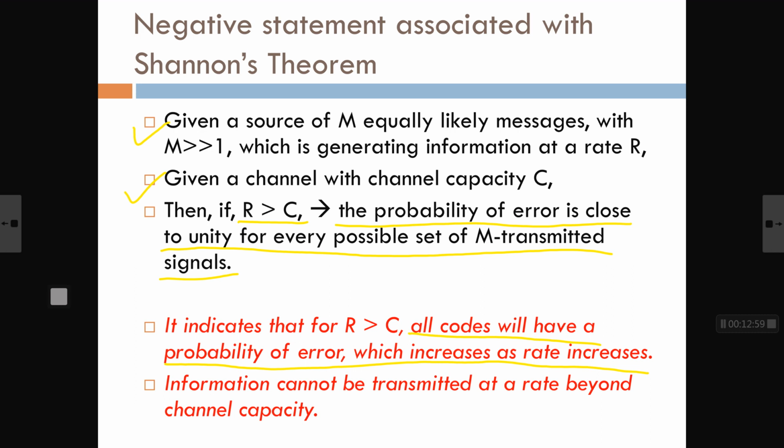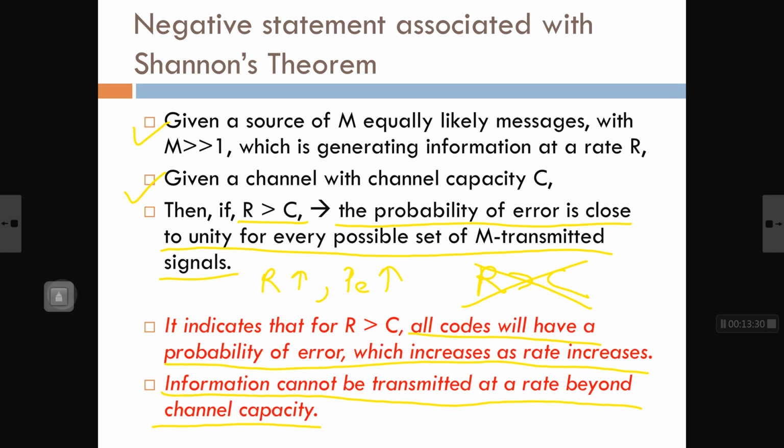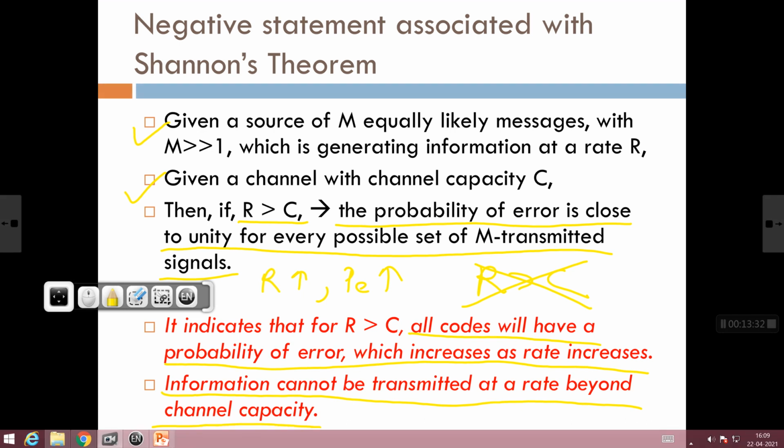So if r is greater than c, there will be errors taking place, and as r increases, the probability of error also increases. The final conclusion is that information cannot be transmitted at a rate beyond the channel capacity. So I cannot have r greater than c. This is not possible, or we have to avoid this situation. Otherwise, no information will be transmitted.